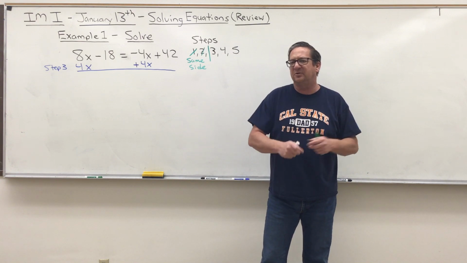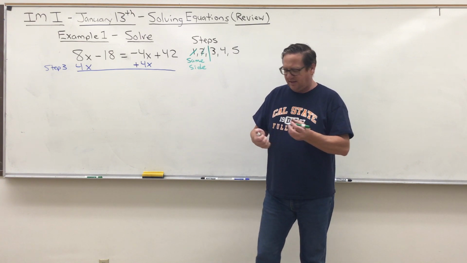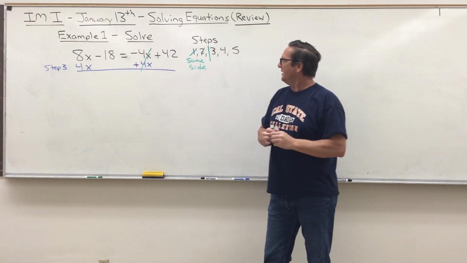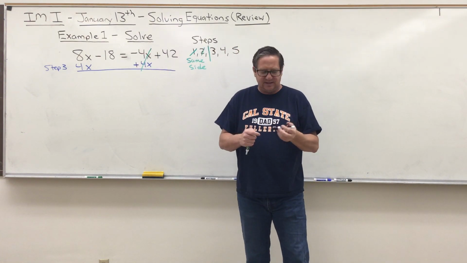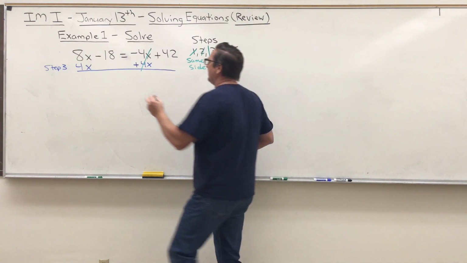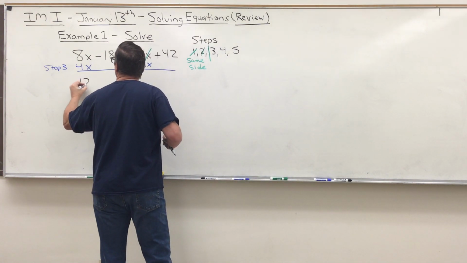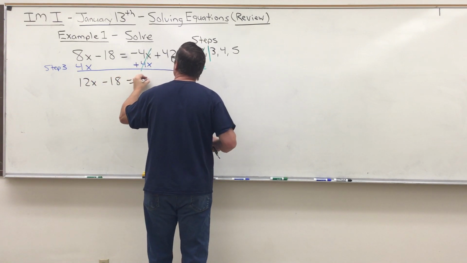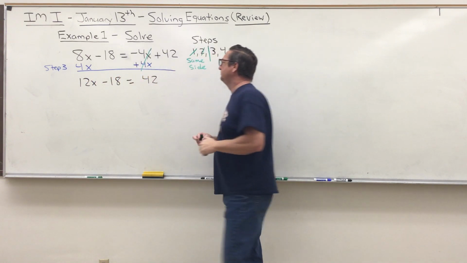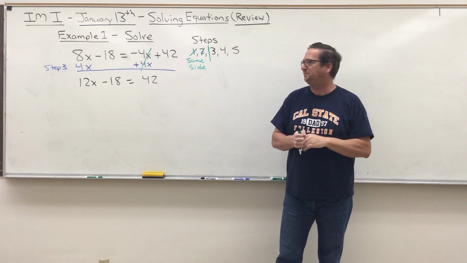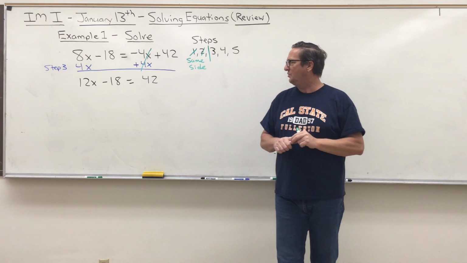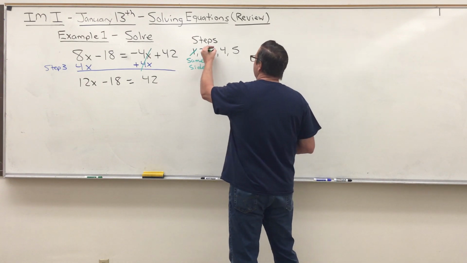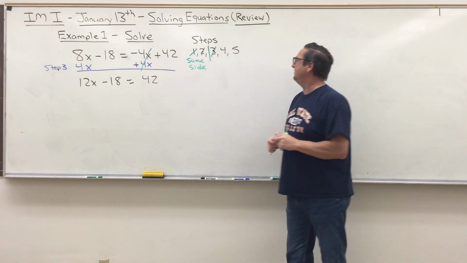So this is where we're doing our opposite signs. And of course our goal is to clean that up, is to eliminate that. So I get 12x minus 18 equals 42. 12x minus 18 equals 42. Step 3 is done.